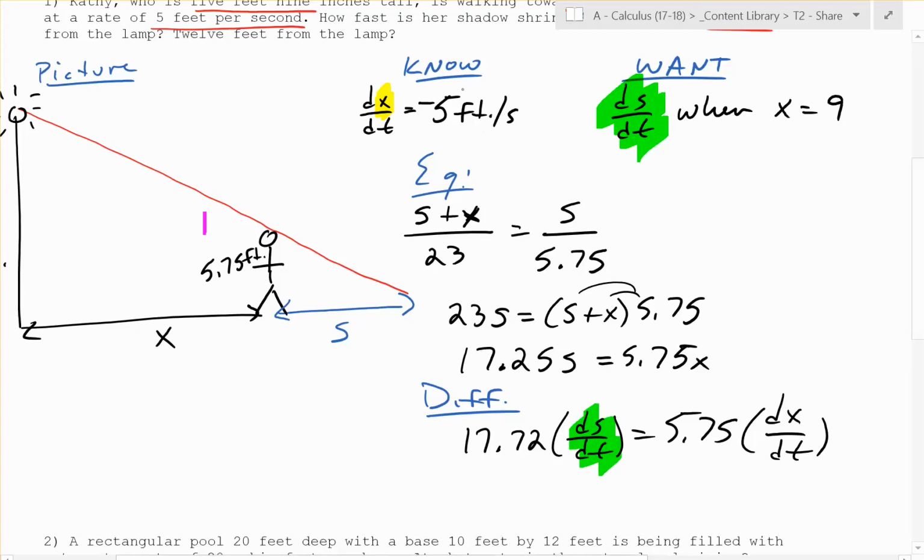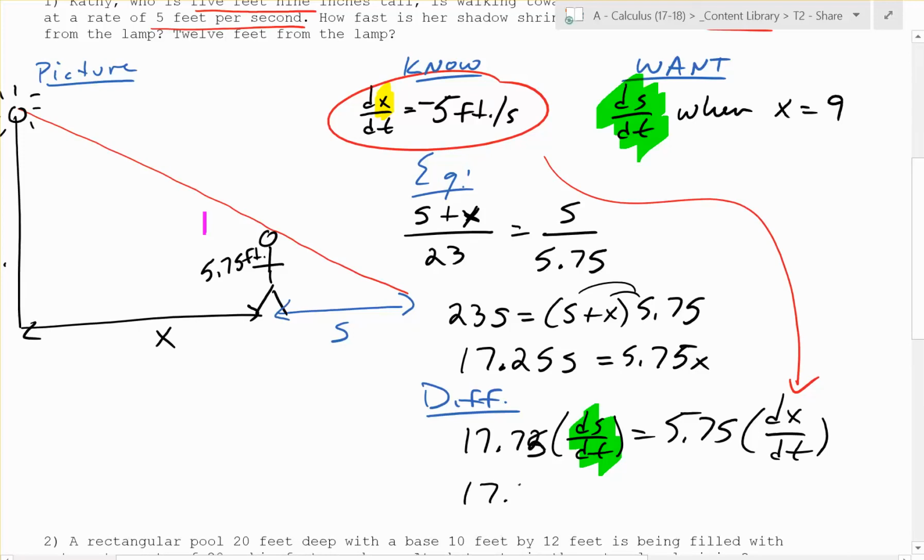So we need to take the dx/dt and plug it in. We end up with 17.25 times ds/dt is equal to 5.75 times dx/dt, which is negative 5.